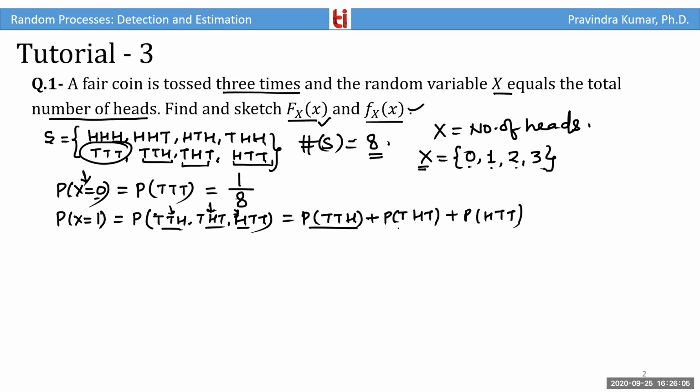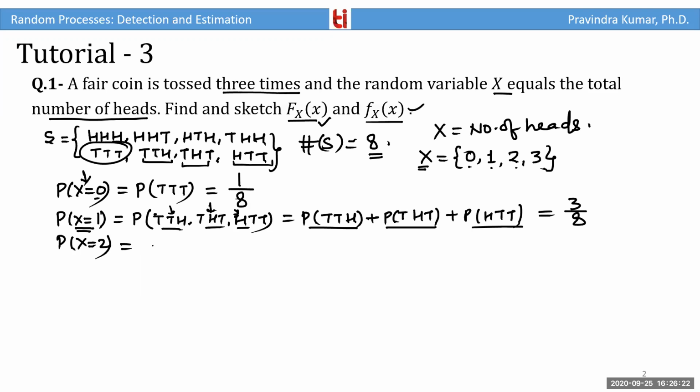So this is 1 by 8 plus 1 by 8 plus 1 by 8, which means 3 by 8. So the probability of getting one head in three tosses is 3 by 8.